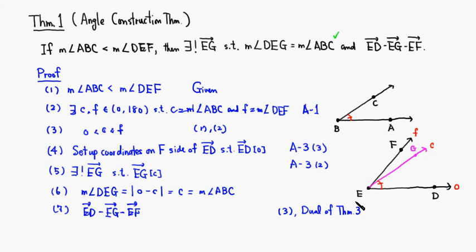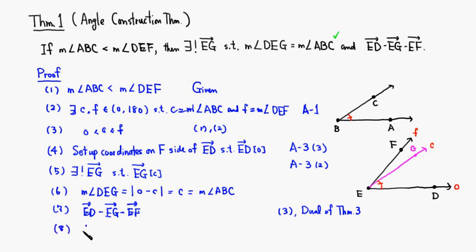If you have a betweenness among rays, then the corresponding coordinates of those rays will have the similar betweenness condition. So if C is between 0 and F, then the corresponding ray EG is between ray ED and ray EF. This is pretty much all we need to do, so we just have to write down the conclusion.